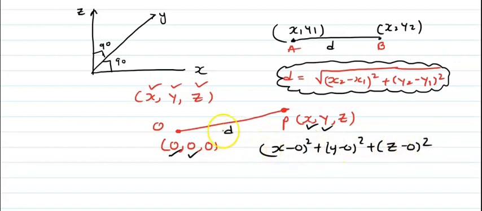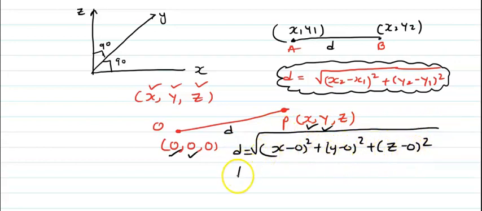If the distance between O and P is d, then d is the square root of (x minus 0) whole square plus (y minus 0) whole square plus (z minus 0) whole square. Then the distance is given by the square root of x square plus y square plus z square.